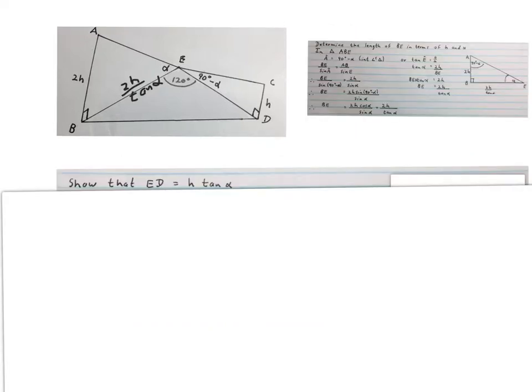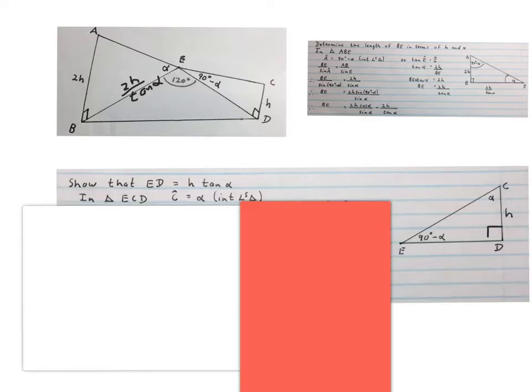The next question says, show that ED is h tan alpha, that ED over there. I redrew the triangle over here with information on it. We said in triangle ECD, angle C will then be alpha, interior angles of a triangle. That was 90 minus alpha, that was 90, so that will be alpha.